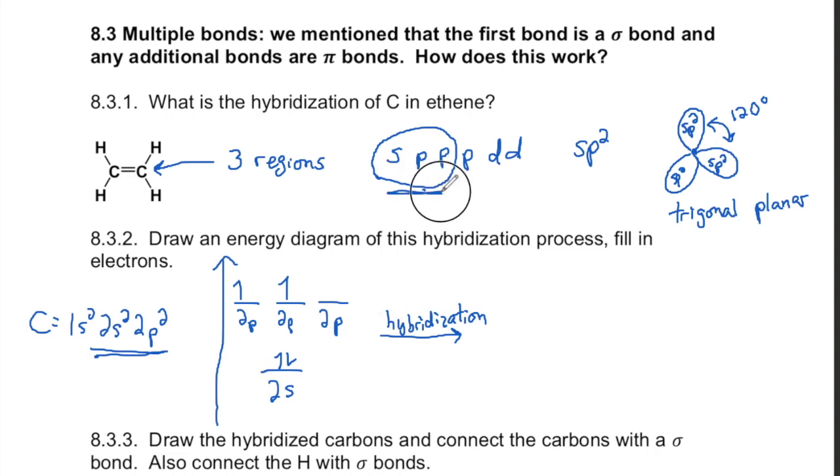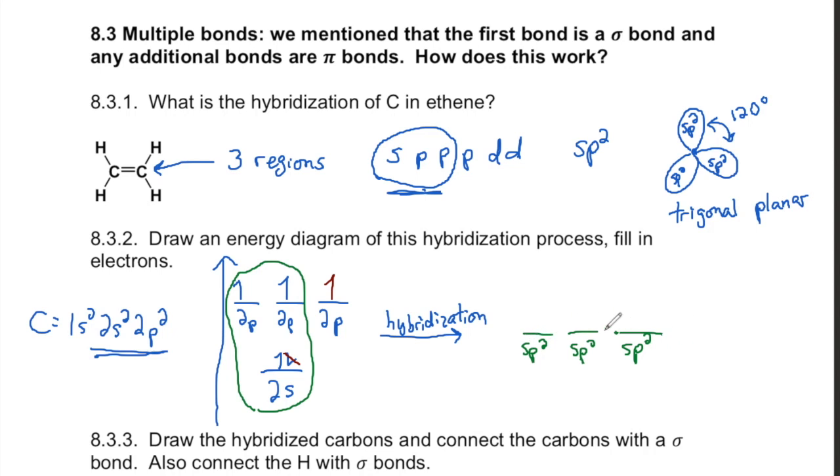So we are going to hybridize the s and 2 of the p. Before we do that, we'll go ahead and spread all the electrons out. So we're going to take this one and promote it here so that we have 1 electron in each of the orbitals. So these are the ones that need to be hybridized. The energy of the new orbitals is going to be in between these 2 energies.